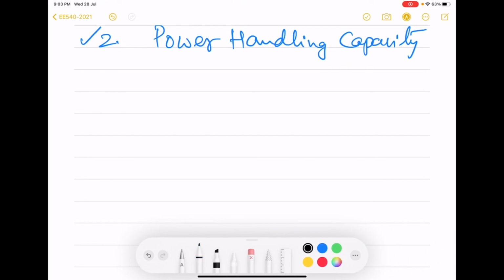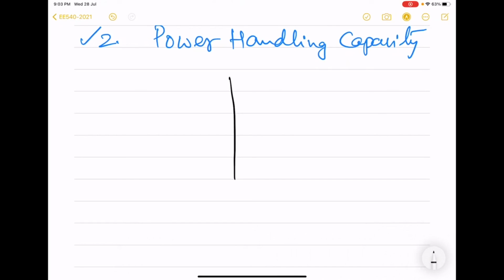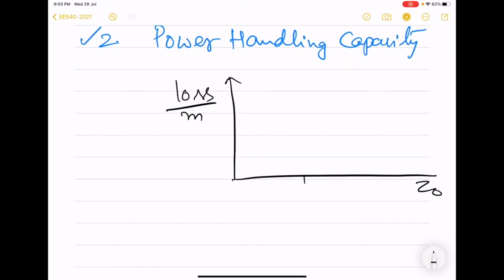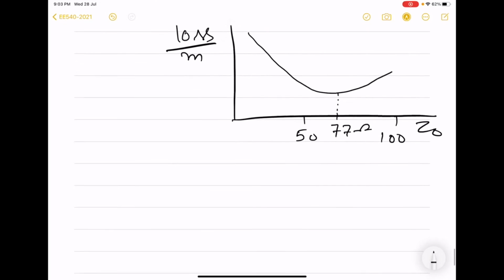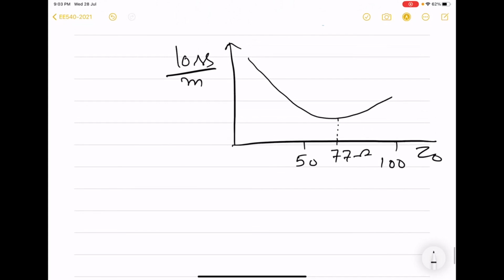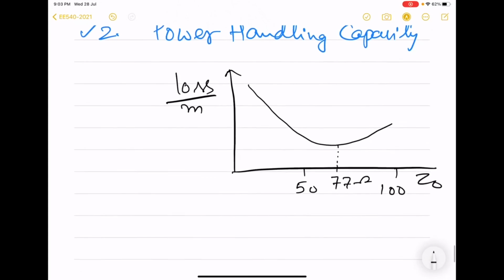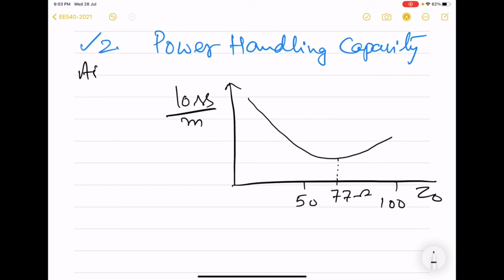If we plot the characteristic impedance on the x-axis and the loss per meter on the y-axis, we have a curve which looks something like this. That means it attains minimum loss for a characteristic impedance of 77 ohm. And I should point out that this is for an air core, that means the dielectric between outer and inner conductor is air.